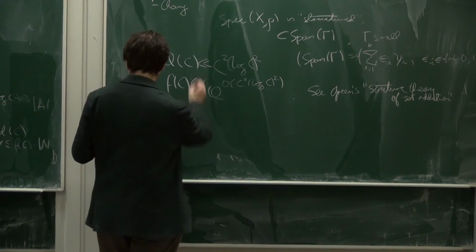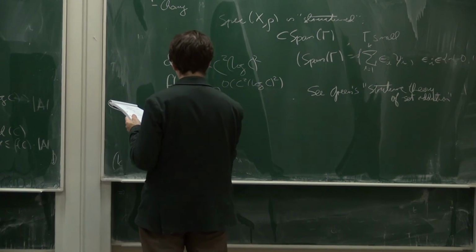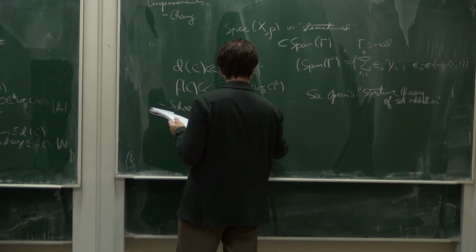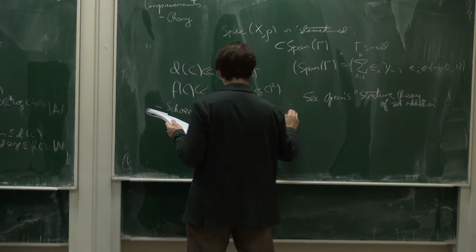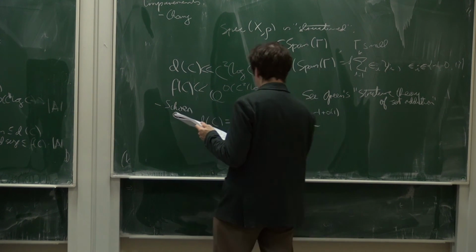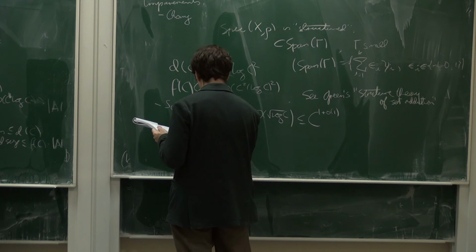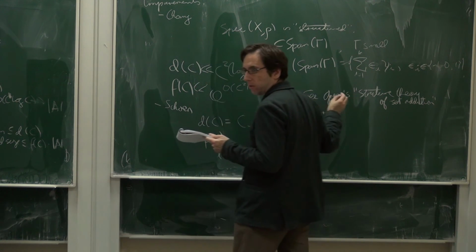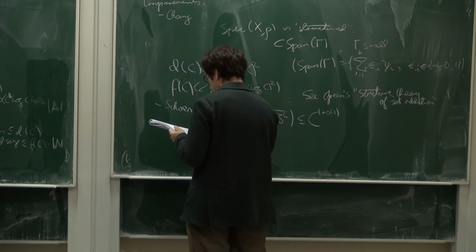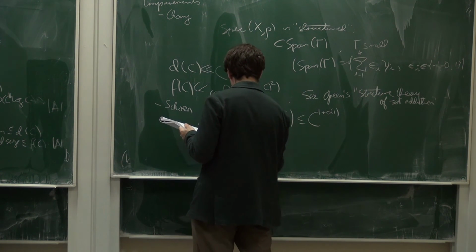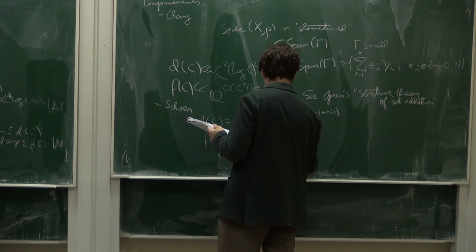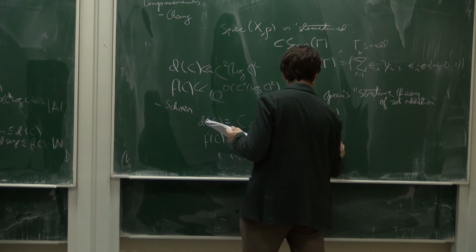So I will not be able to write exactly what he did again, but he got d of c, c to the o of log c, that is, it's almost c, so c to a power tending to 1. Little o, it's clear what that means, right? It's something tending to 0. And f of c is the exponential of c to the o of log c, which is exponential.